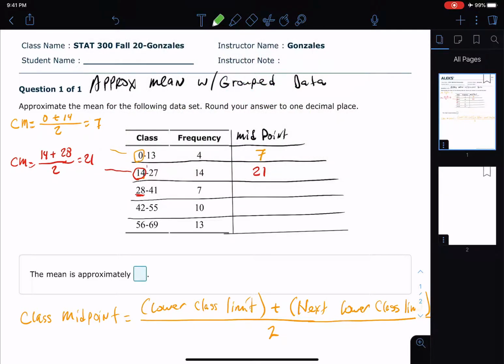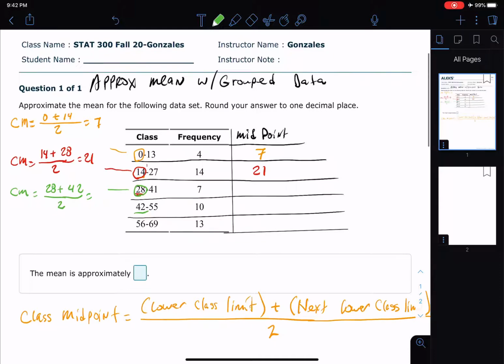Green. Let's find the class midpoint. You look at the lower class limit, 28, add it to the next class limit of 42, and divide by 2. 28 plus 42 divided by 2 is 35. That's 35.